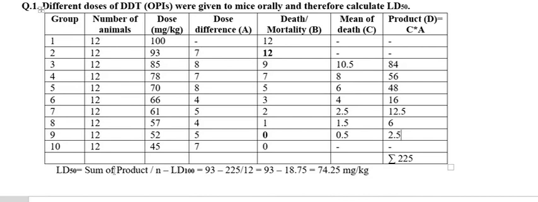No, no, no. This should become A. So this is LD50 is equal to... this is just opposite, I wrote it wrong. Sorry, you have to make it correct. LD50 is equal to... this is wrong.